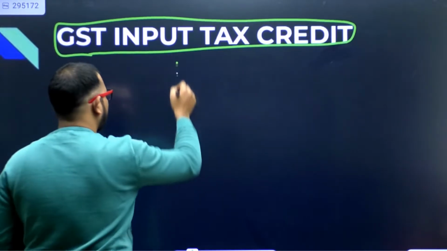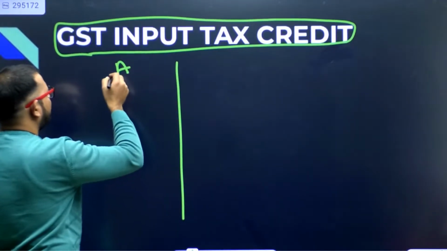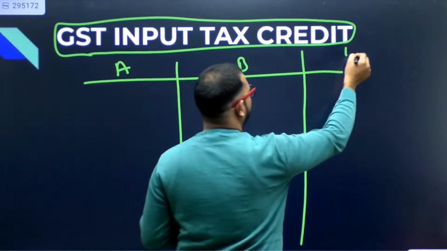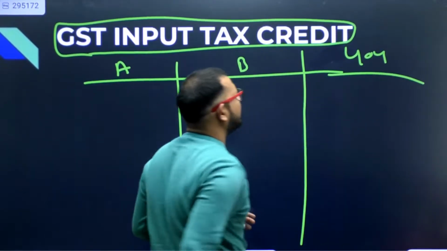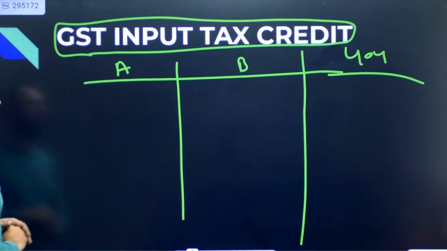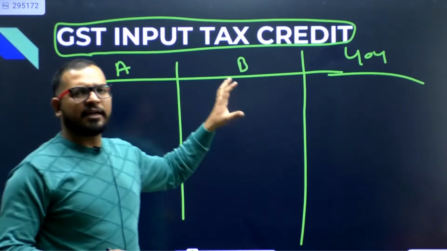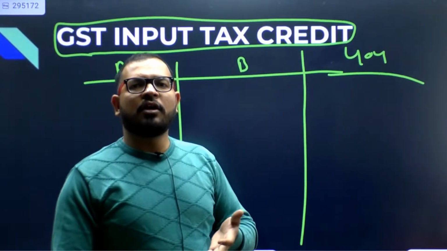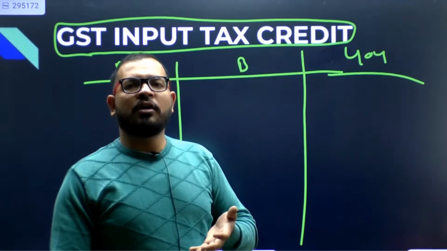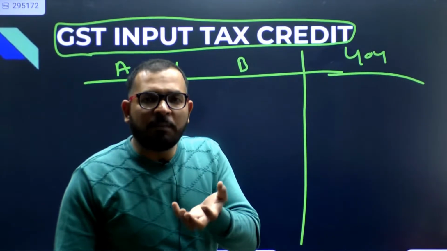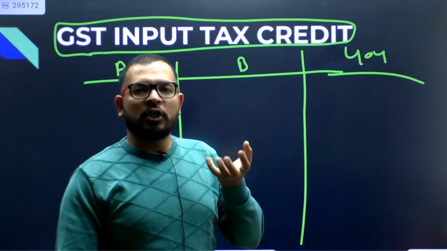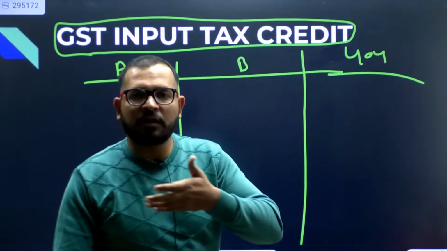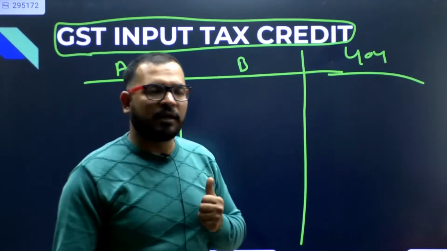So let me say there is a trader A, B and U. Let's understand this input tax credit. Basically, input tax credit means you will be given the money whenever the tax has been paid by the other party or the earlier party.